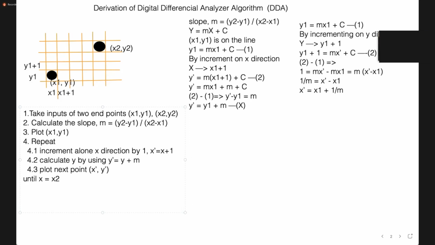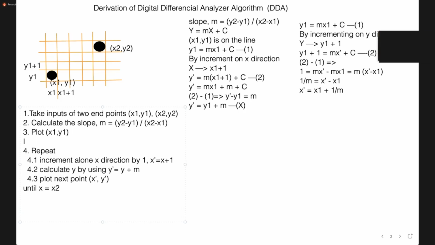We have to put another condition. That condition is, if m is less than or equal to 1, we can do this thing.